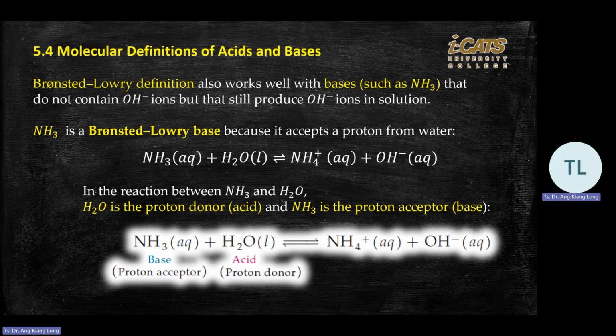In this equation, it receives from water. When you receive H plus, you are an acceptor, not a donor. You are an acceptor means you are alkali. Then water donates H plus, it becomes acid. So the thing is not permanent. Like for example water, it's not permanently acid or base. You need to see how the reaction happens.